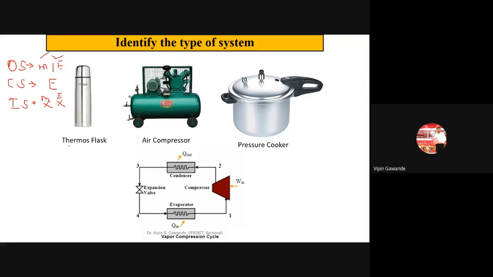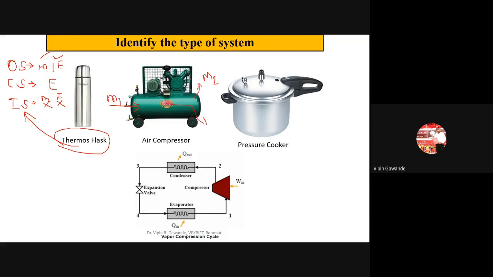Now thermos, we have just seen. The thermos is what? There is no exchange of mass. There is no exchange of energy. Isolated system. What is air compressor? In air compressor, there is the entry of mass, the mass of air, and there is the output of air also.